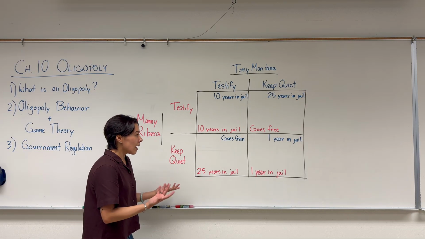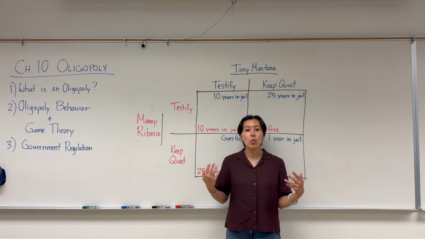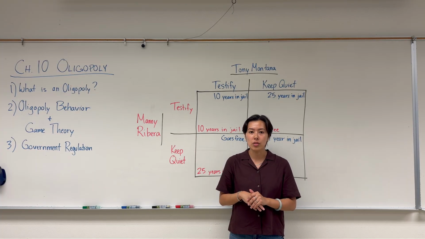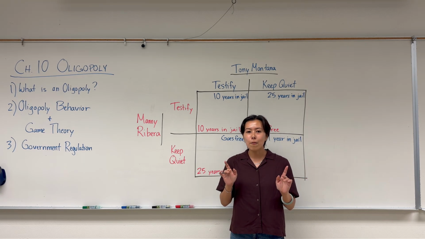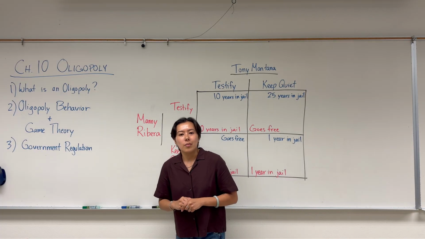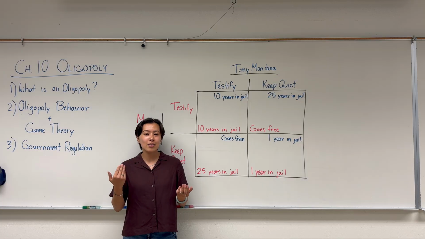Now, we call this the prisoner's dilemma because Tony and Manny can't work together when they're making their decision about what strategy to choose. So our players are moving simultaneously, and they don't know for sure what their buddy is going to do. So instead, what Tony and Manny will do is they will make their best choice.